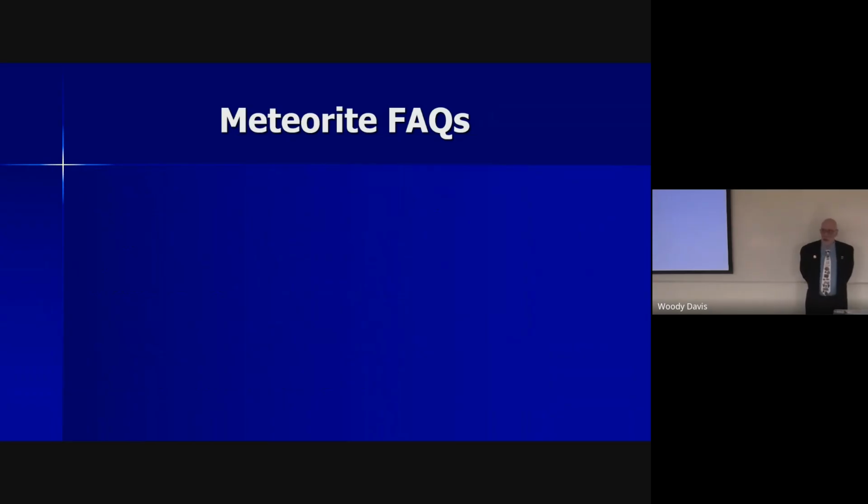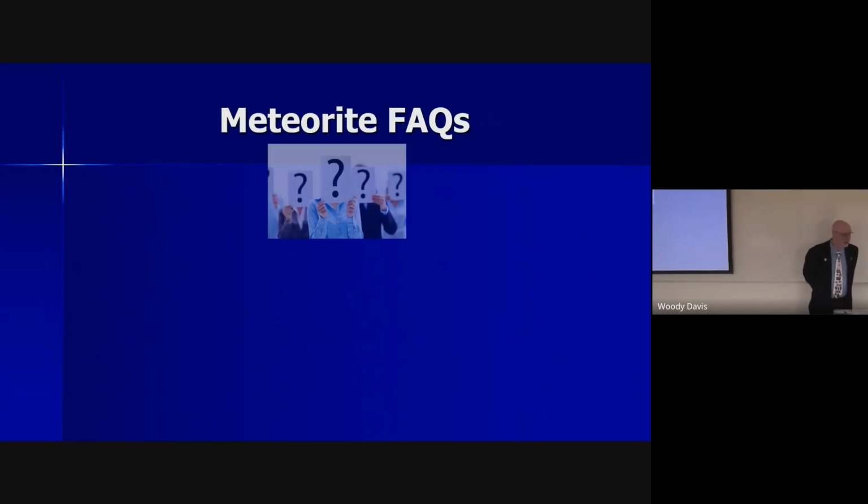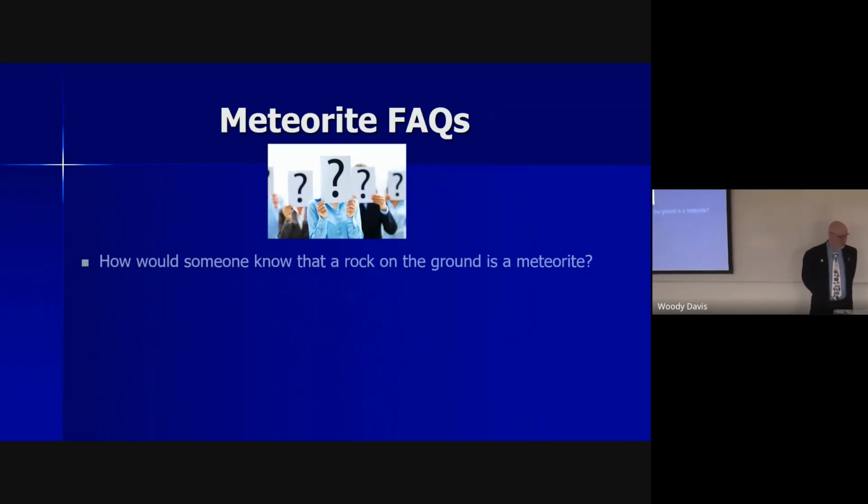So, frequently asked questions. How would someone know that a rock on the ground is a meteorite? That's a fairly common question and one that is really hard to answer specifically, other than you have to know what is common for the area that you're looking in to figure out what is anomalous.